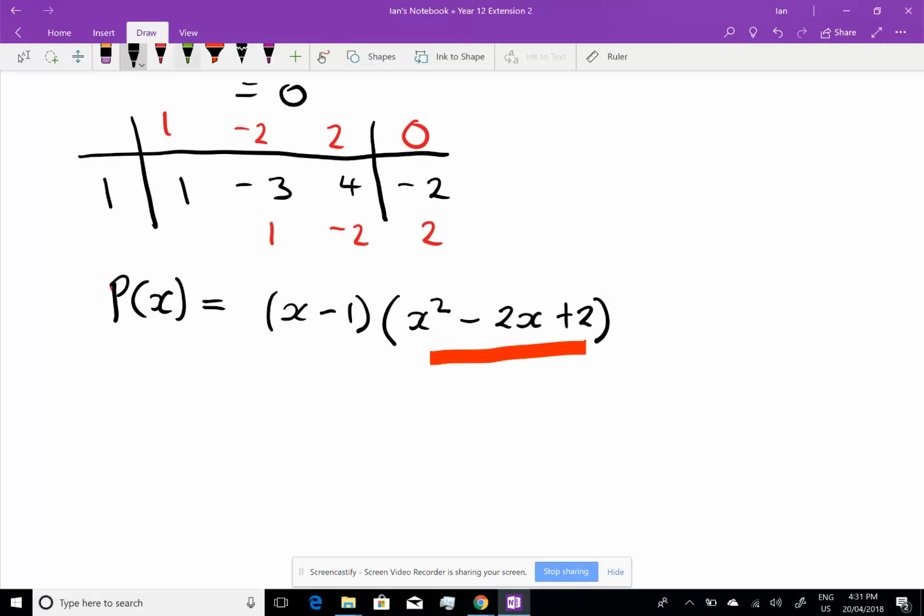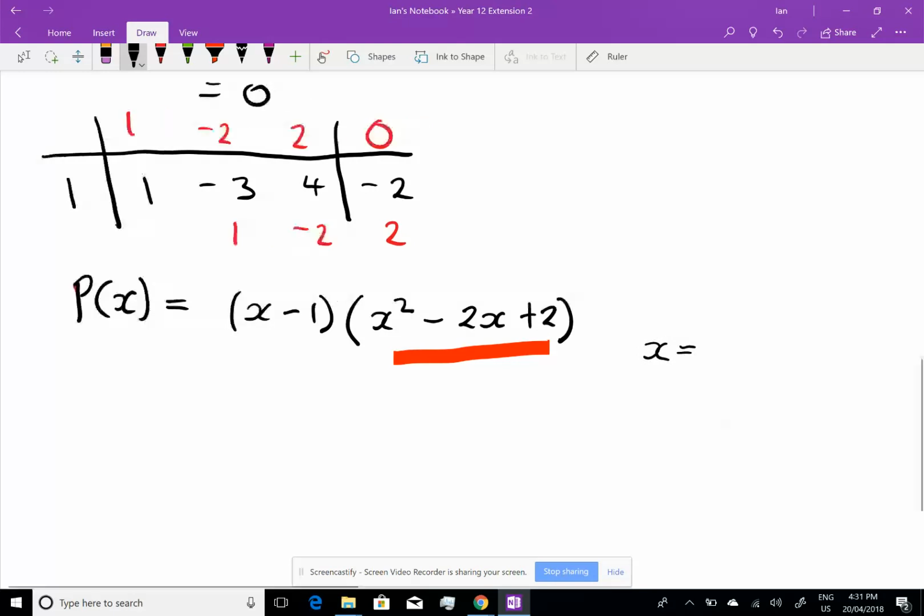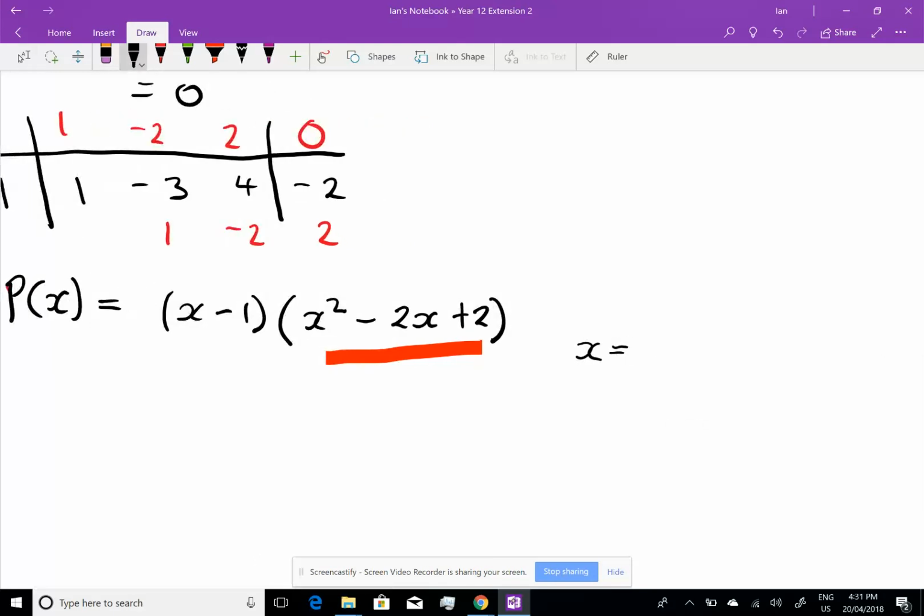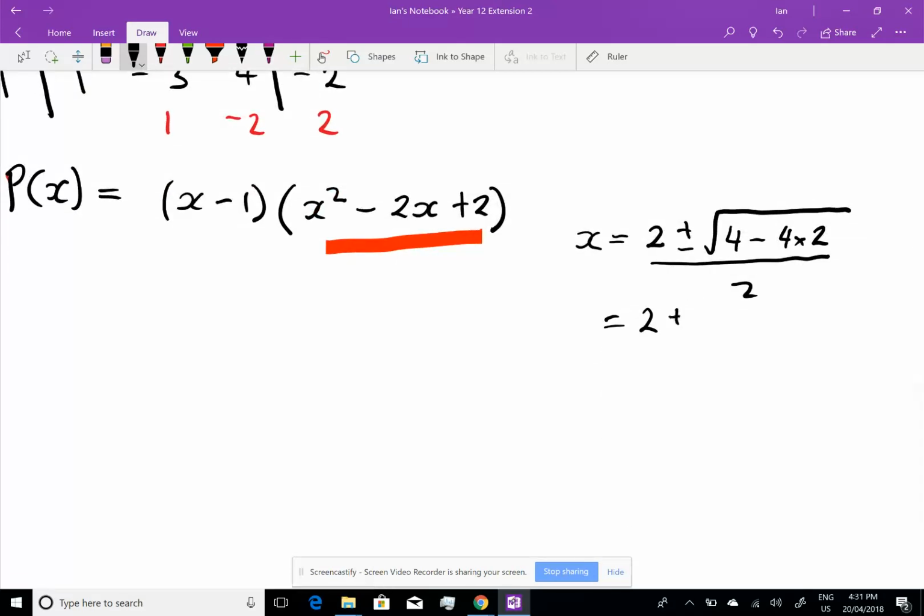The solution to this one is going to be X equals minus B, so 2, plus or minus the square root of B squared, 4 minus 4 times 2, all over 2. So it's going to be 2 plus or minus the square root of -4 over 2, which gives me 2 plus or minus 2i on 2.